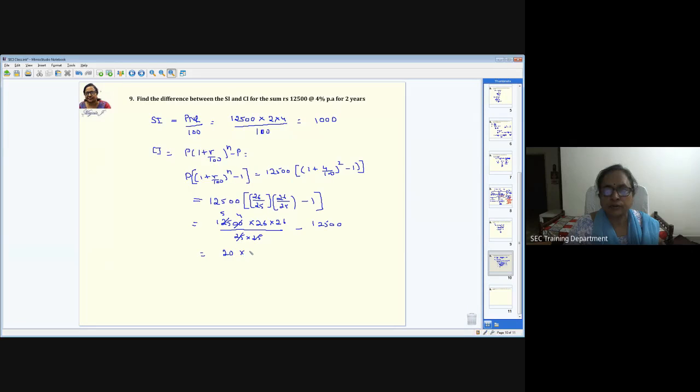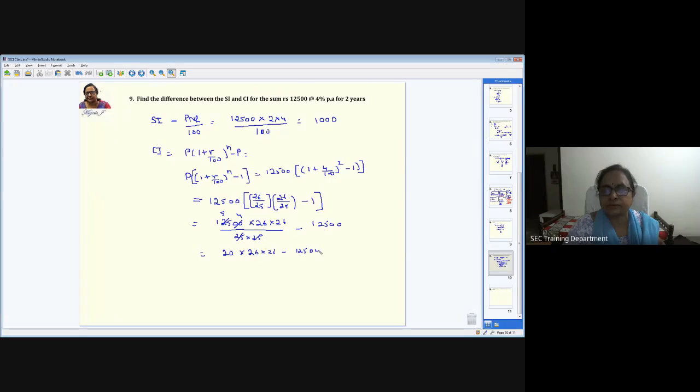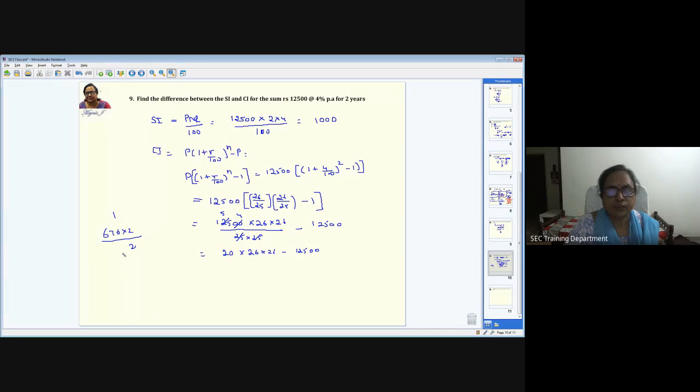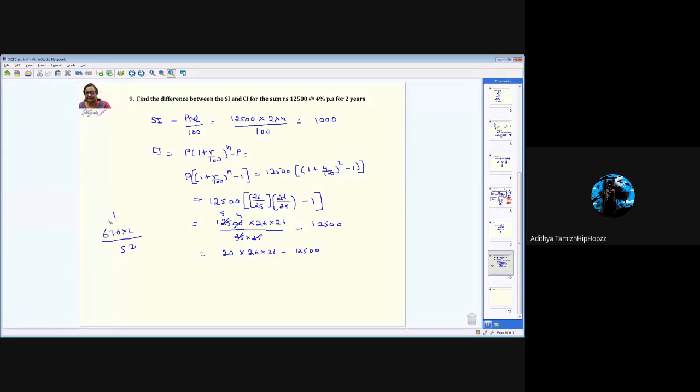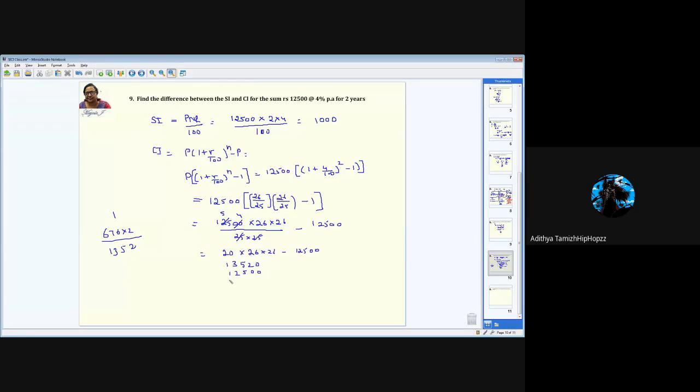20 into 26 into 26 minus again here 12500. So the 26 square is 676 into 2, which is 1352. Then 13520, and minus then you have to subtract 12500. 1020.